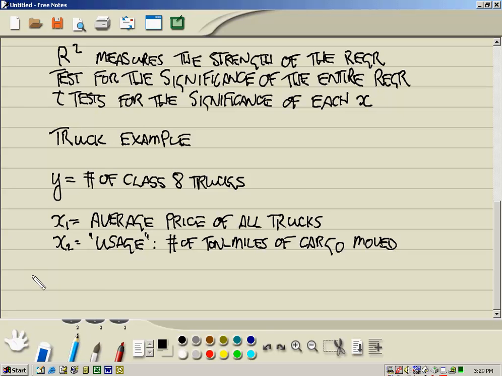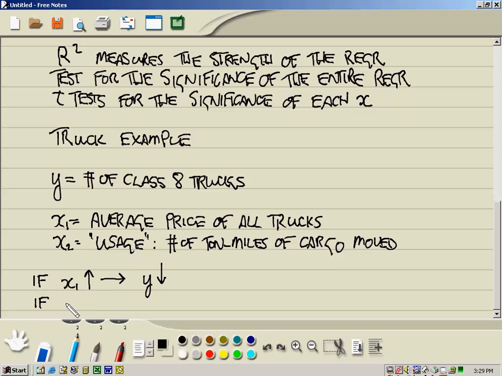So before we go into it, if the price of trucks increases, then we fully expect that the number sold will go down. Right? Basic supply and demand function.